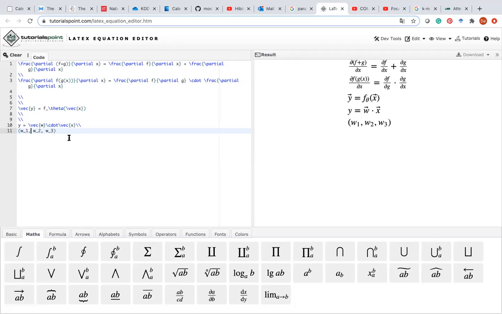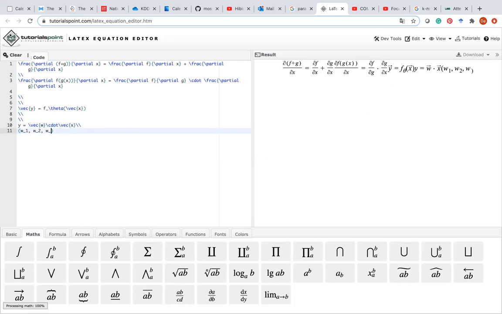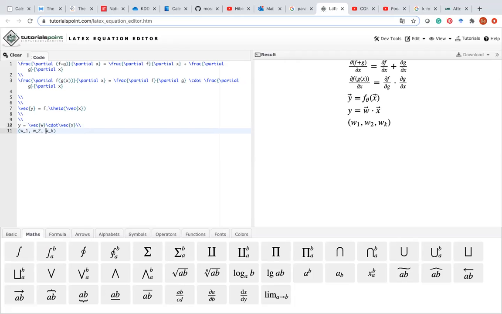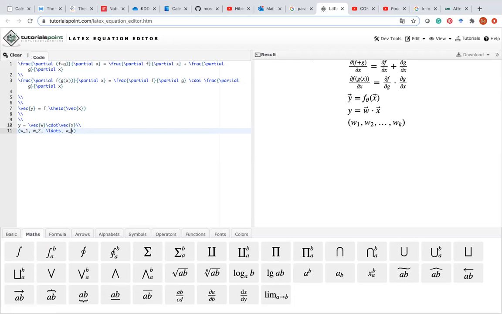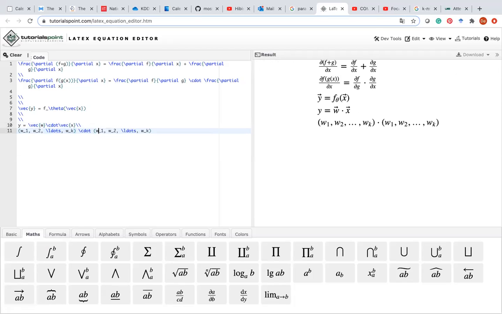We are just illustrating the three-dimensional case. Let's just do it k-dimensional, so this is easier. If you do a dot product between x and the W vector we are learning, this could be something similar.